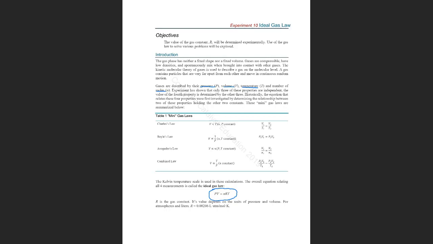And in this experiment, we will measure several properties of hydrogen gas and then calculate the constant R.